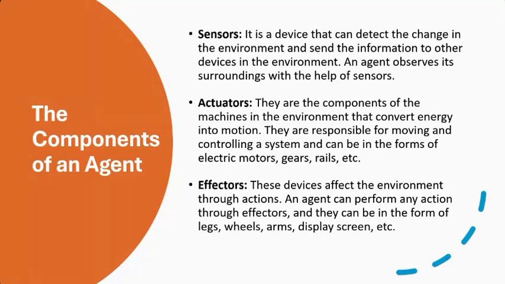The effectors naman ay, from the word itself, effect. Okay, the word describes effect. So the agent can perform any action, and they can be in the form of legs, wheels, arms, display screens, and whatever others alike. So as you can see, it talks about the relationship of these agent components through the environment.